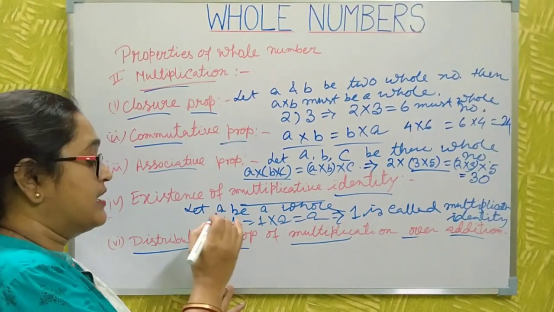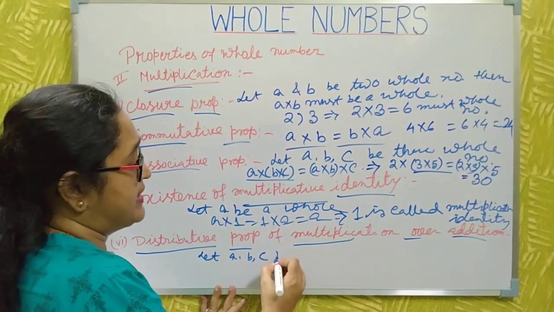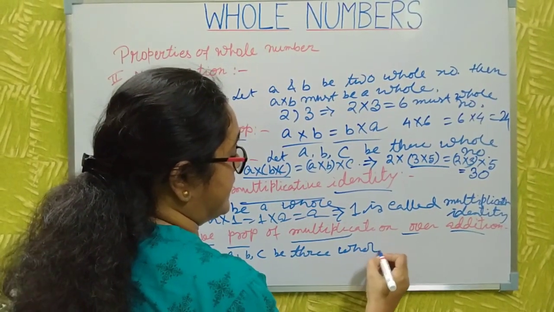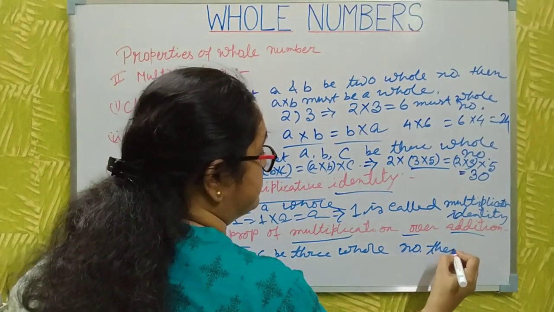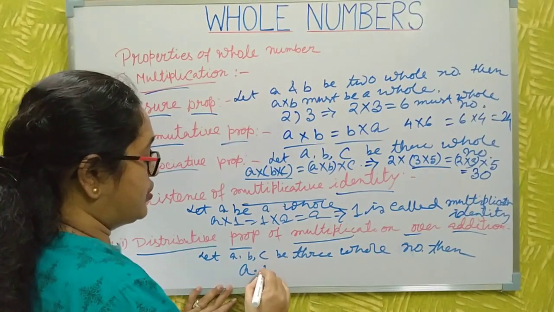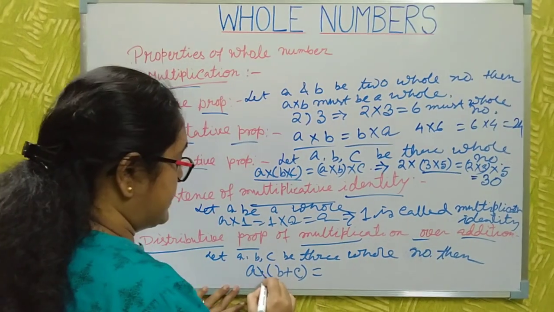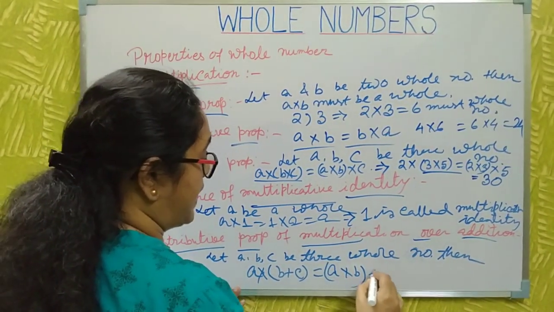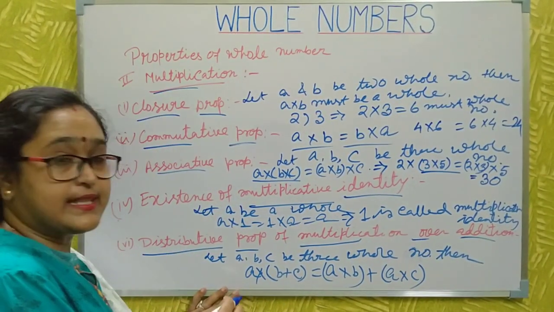Let A, B, C be three whole numbers, then A into B plus C is, you can write here also, A into B plus A into C. Like this.